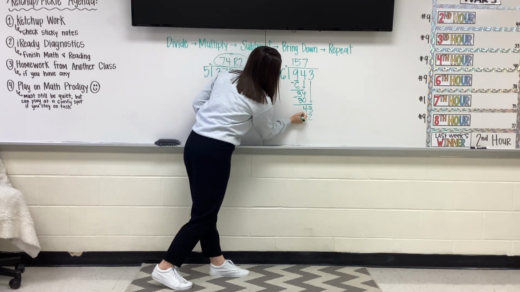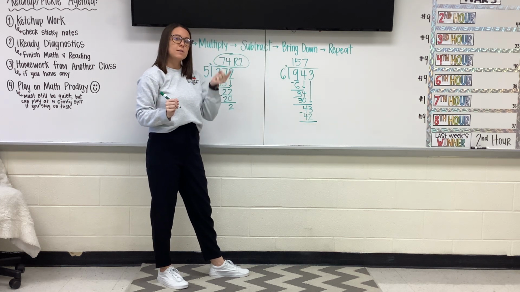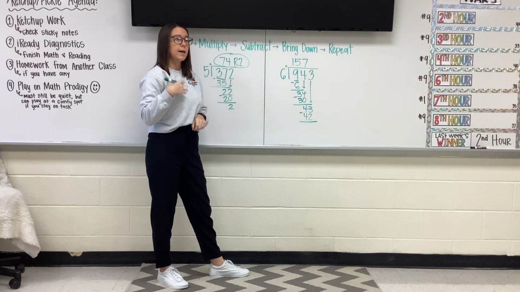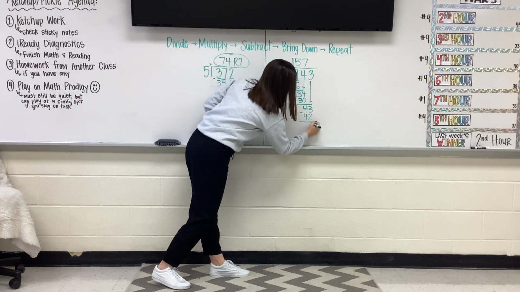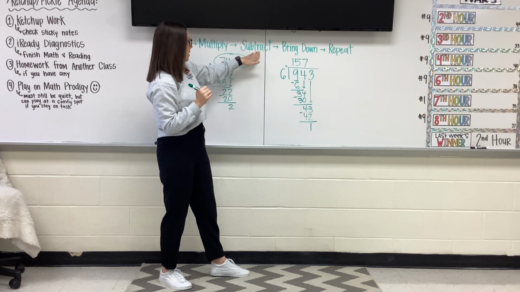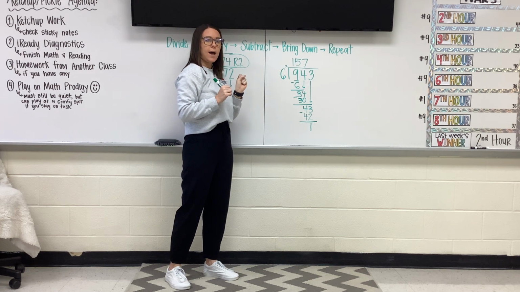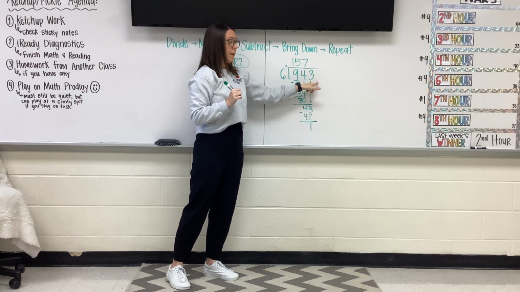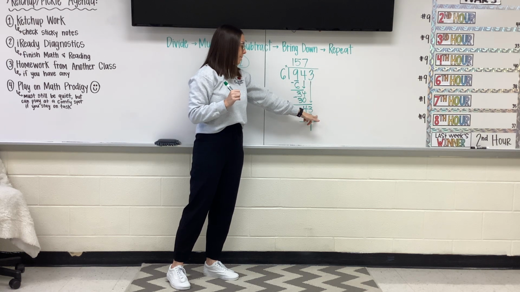So I'm going to subtract those two things. 43 minus 42 is going to give me 1. After subtract, I bring down. What are we going to bring down this time? Nothing. There is no other number to bring down. So I'm done with the problem.